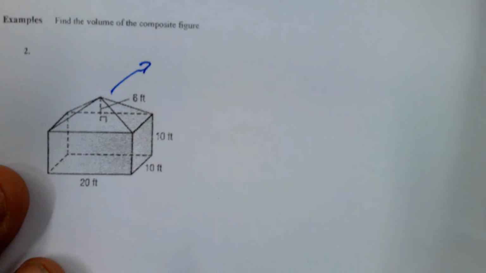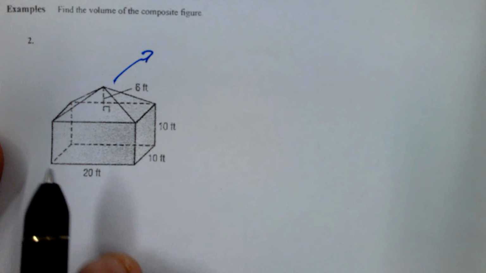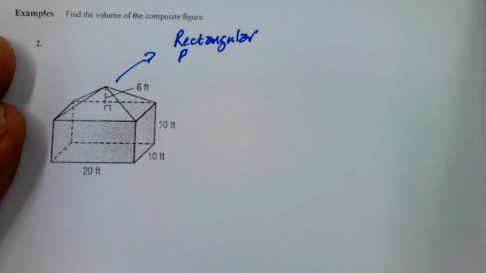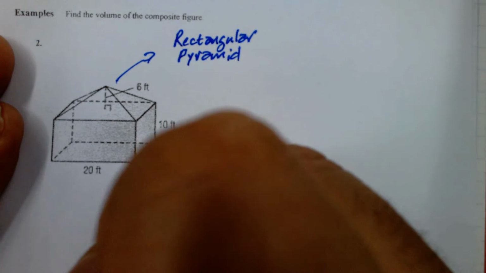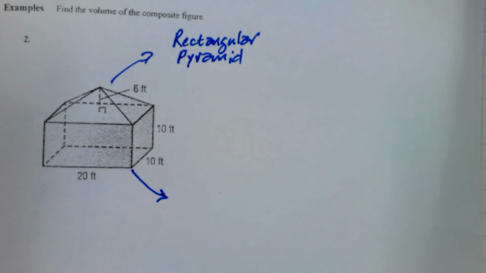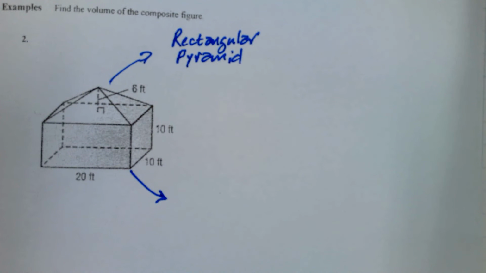So we have a pyramid. It's not just a pyramid, it's a rectangular pyramid because the base is a rectangle. So let's write that down, rectangular pyramid. And what's the shape on the bottom? What's that solid?